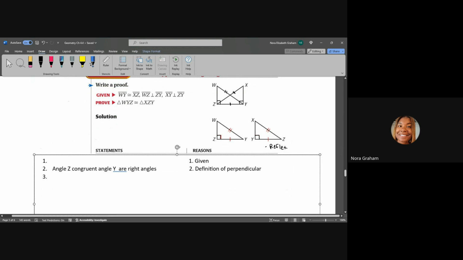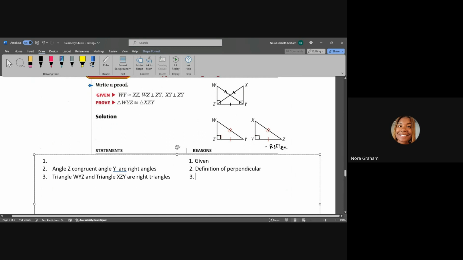After that, let's tell them that these are right triangles. So we can write triangle WYZ and triangle XZY are right triangles.